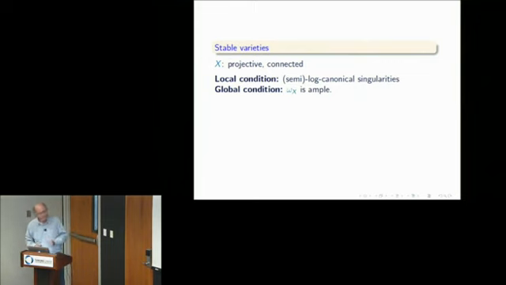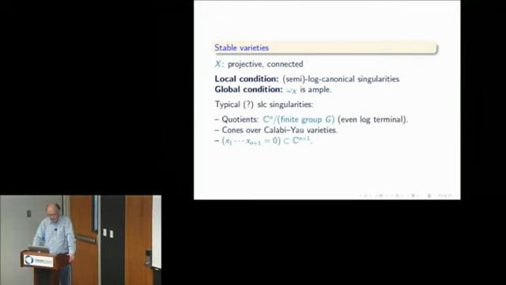And so then the claim is that these are the objects that provide the right compactification for our moduli problem. Now, what are the typical SLC, which is short for semi-log canonical, singularities?